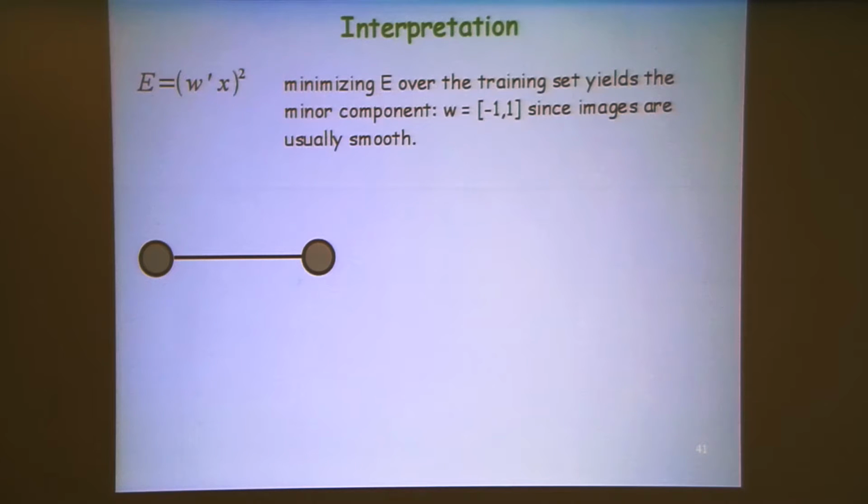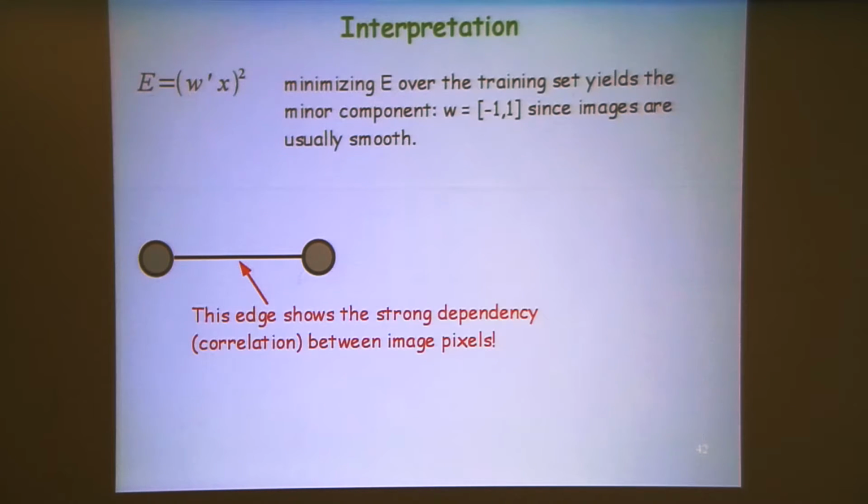Here we are looking for things that are very rare, very infrequent, that almost never occur. And this edge in the Markov random field is nothing but expressing the strong dependencies between nearby pixels. It says that nearby pixels usually have to take pretty much the same value.